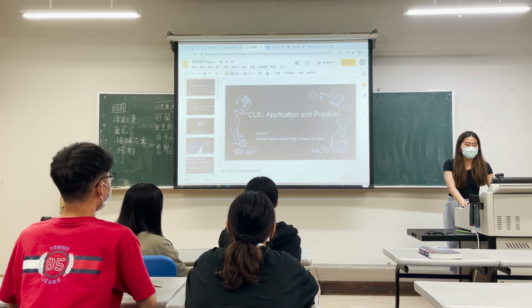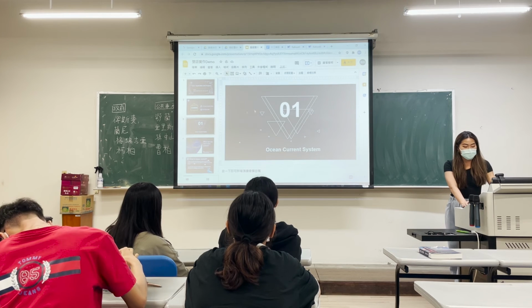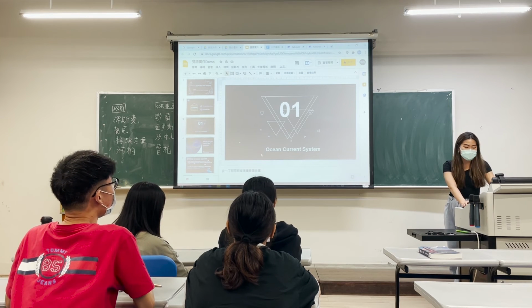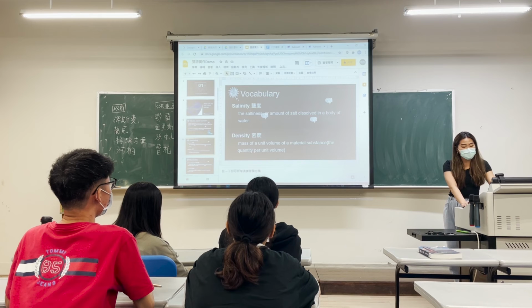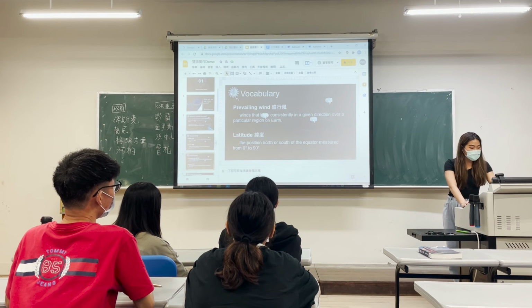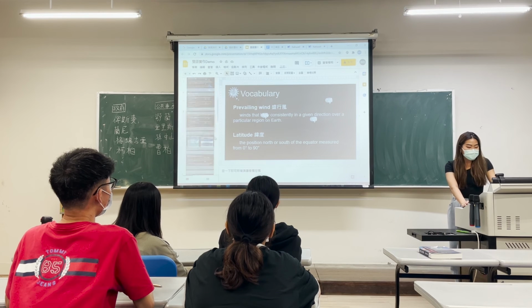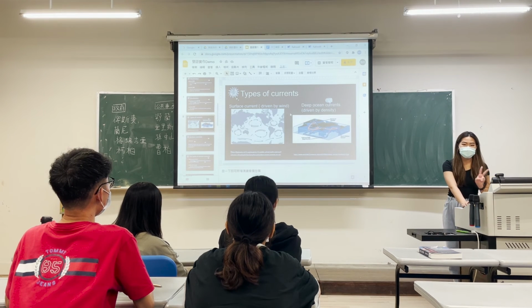So let's review our today's lesson. In the first part, we talked about the ocean current system. We mentioned what is ocean current and told you the four vocabulary about ocean currents, which are salinity, density, prevailing wind and latitude. And then we talked about the two types of current.